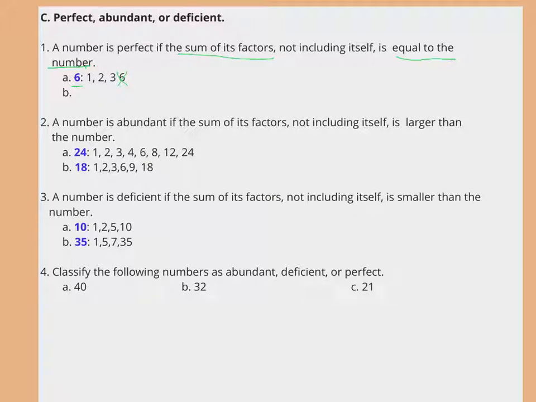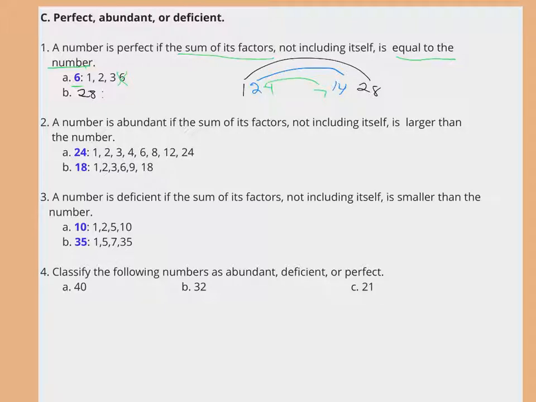We also have another smaller perfect number, and that number is 28. If we list out the factors of 28, we would have a rainbow here. We'd have 1 and 28. We would have 2 and 14. 3 is not a factor, but 4 is. We'd have 4 and 7.